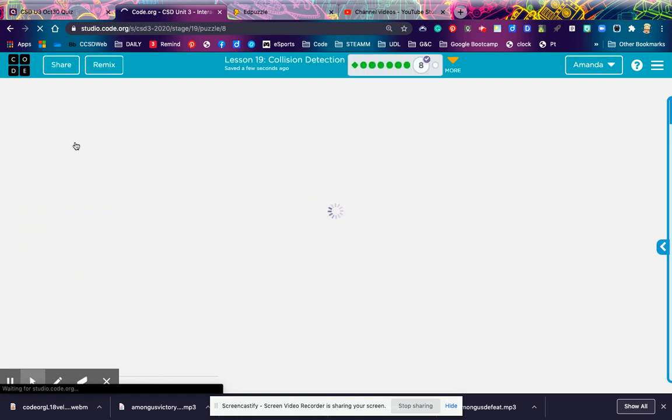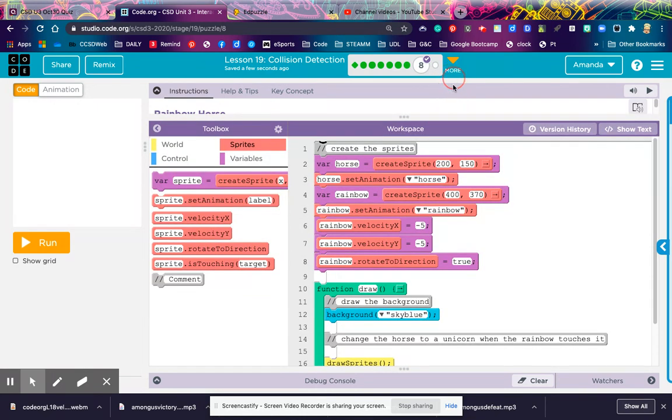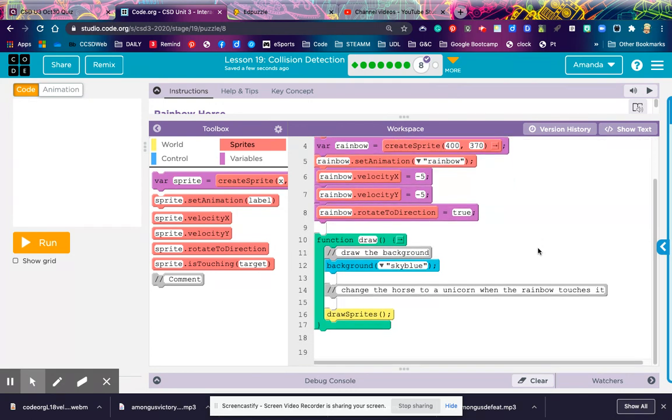Let's look at your assessment level. See what kind of hints I can offer. Rainbow horse? Oh my. When the rainbow touches the horse, it should turn into a unicorn. Do this. Add code that changes the horse's sprite appearance into a unicorn when the rainbow touches it. Okay, you got a horse, you got a rainbow, you've got a function draw, says draw the background, you've got that.